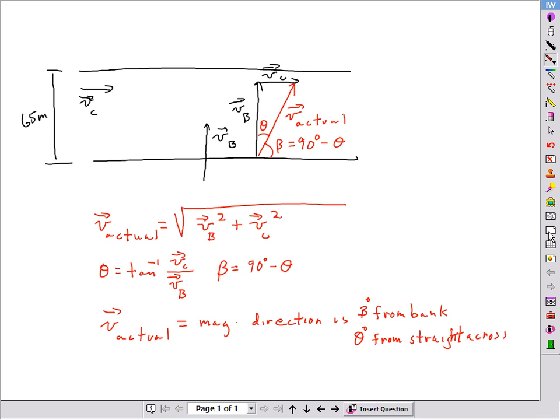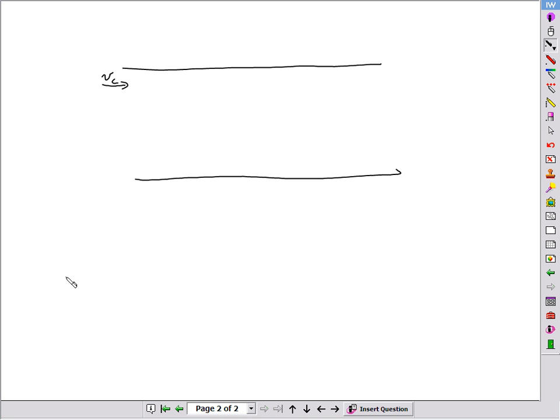Now, another situation might be if I still have this river and my current is still in this direction, and my velocity of the boat in still water is about the same length, let's say VB, and I know the width of the river.